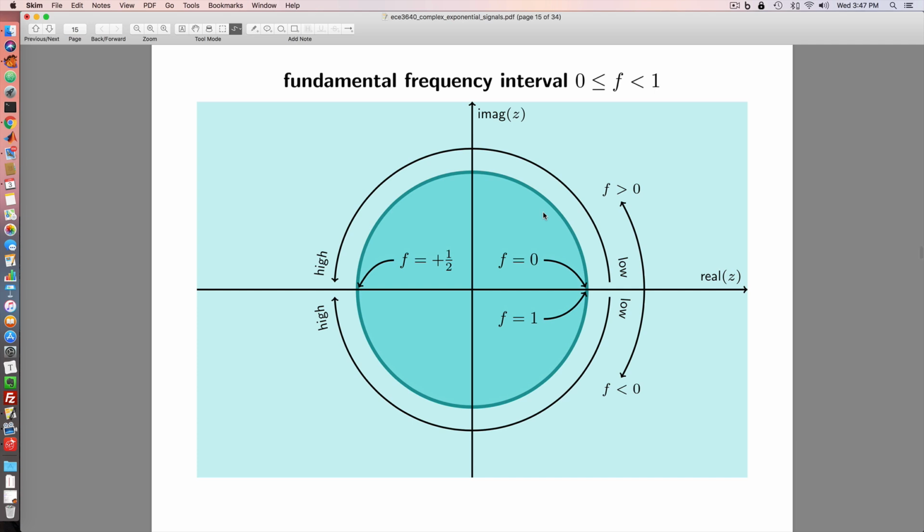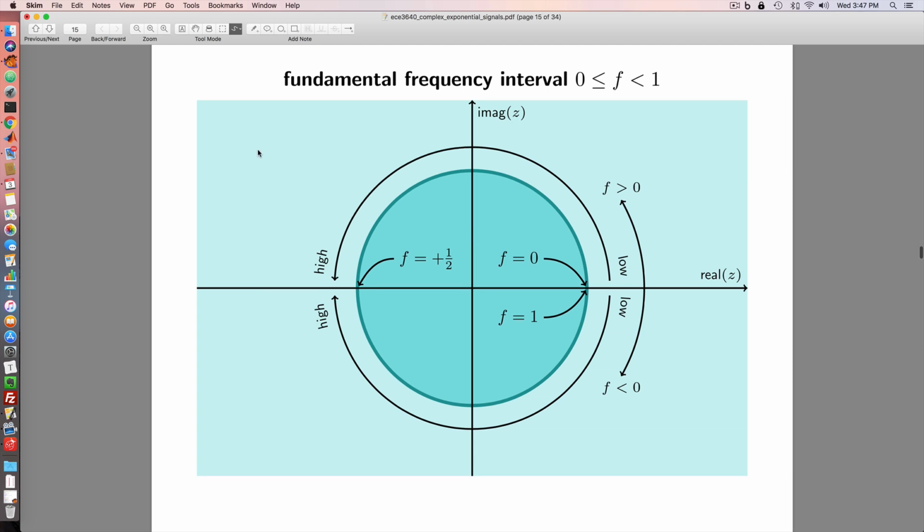what happens if the fundamental interval is defined between 0 and 1. And here we're going from low frequencies around to high frequencies, and then from high frequencies back around to low frequencies as we go from f equal 1/2 up to 1. Remember what we talked about earlier, that f has units of cycles per sample, and that f is typically a fraction.